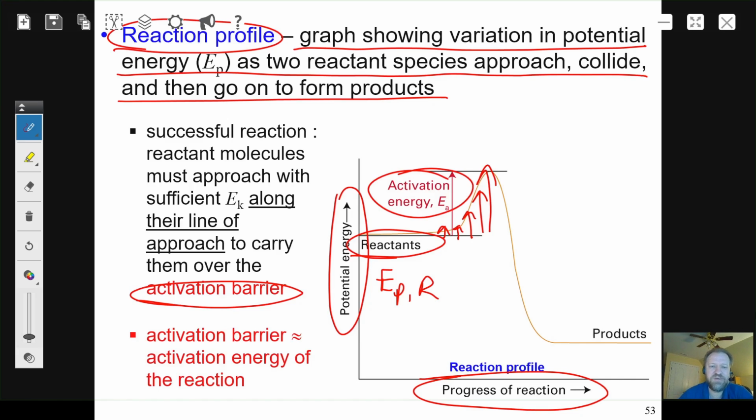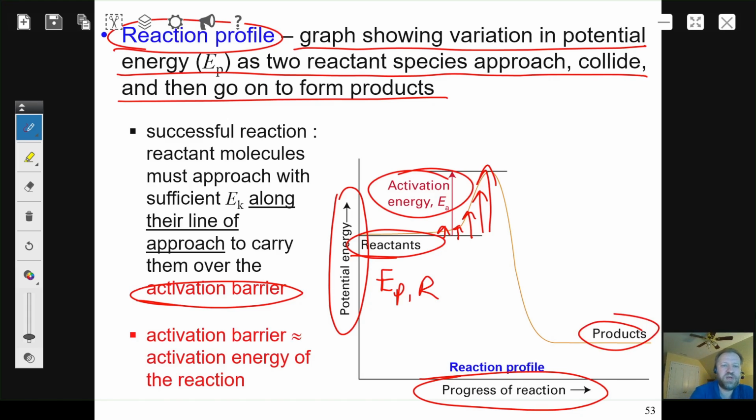So you can think of this activation energy as energy that can be obtained from a sufficiently vigorous collision, so that reactant molecules are able to go over the activation barrier and go on to form products.